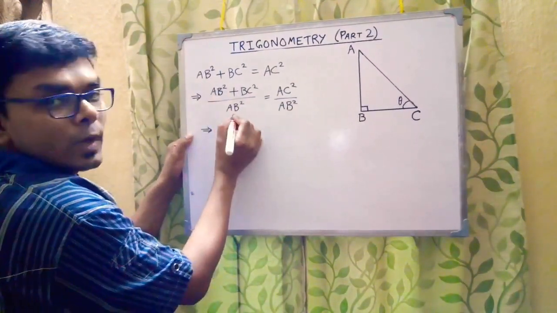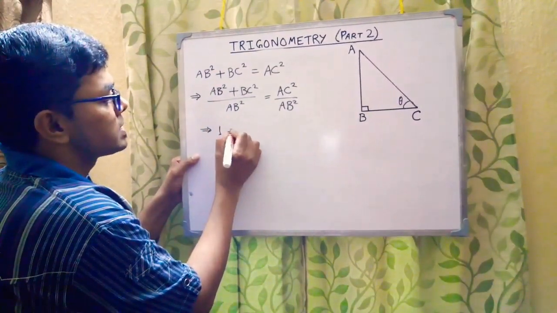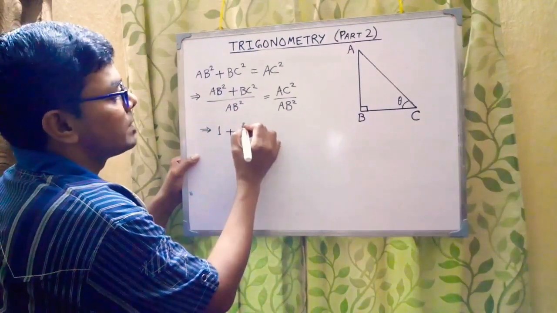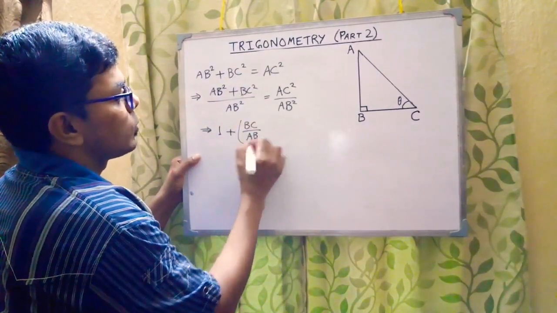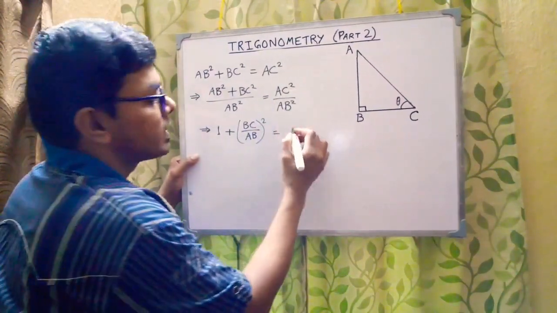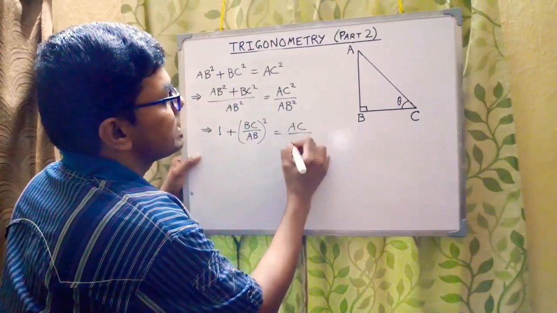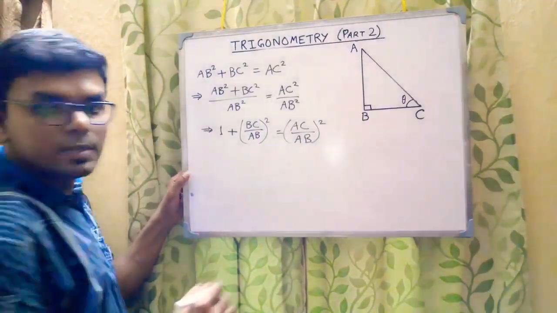That is, we have AB square by AB square, that is 1, and here it is BC square by AB square, that is BC by AB whole square, equal to AC squared by AB square, that is AC by AB whole square, right?